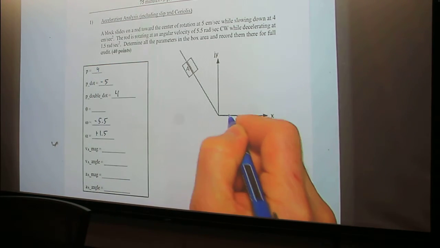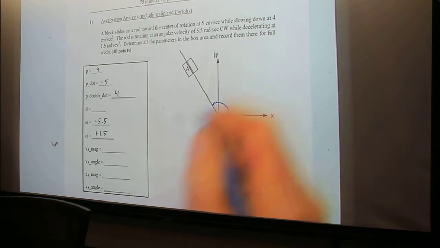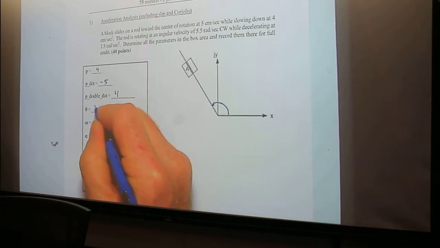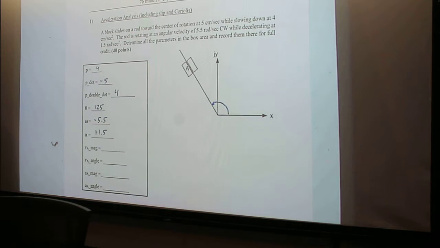And then you physically measure this angle right here, and that's theta, and that on this one here turned out to be 125. And then this is where I used the Excel spreadsheet.